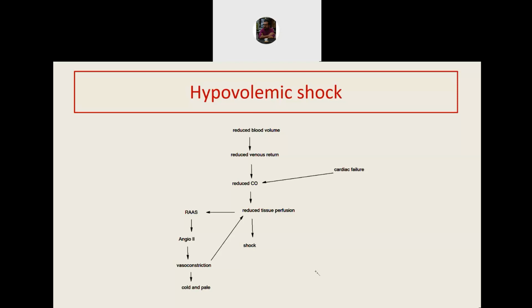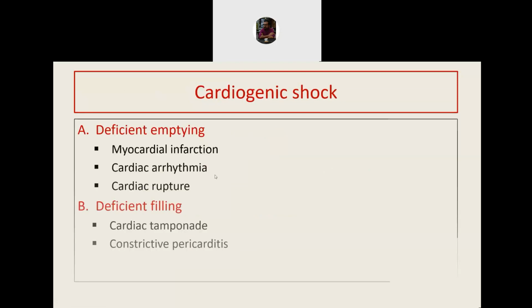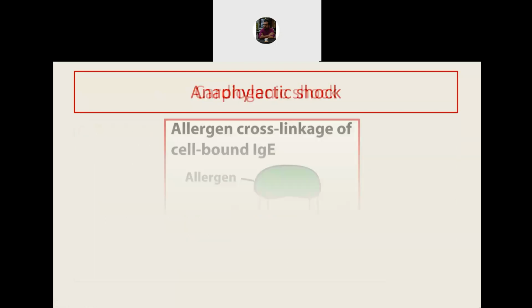So both hypovolemic and cardiogenic shock will present with features of shock with cold and pale extremities. I hope this is clear to everyone. Cardiogenic shock can be due to deficient emptying function or deficient filling function. That is very similar to systolic and diastolic failure that we have discussed before.